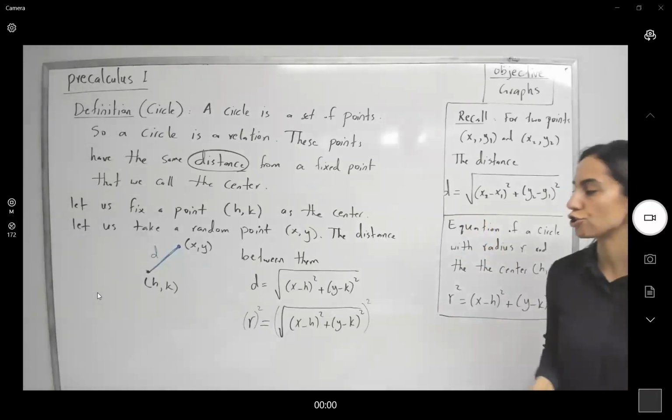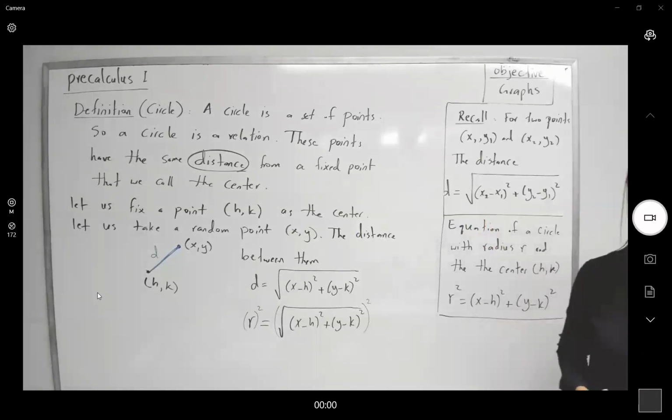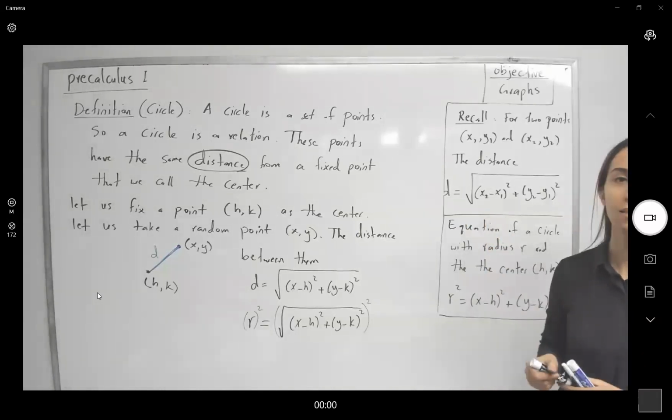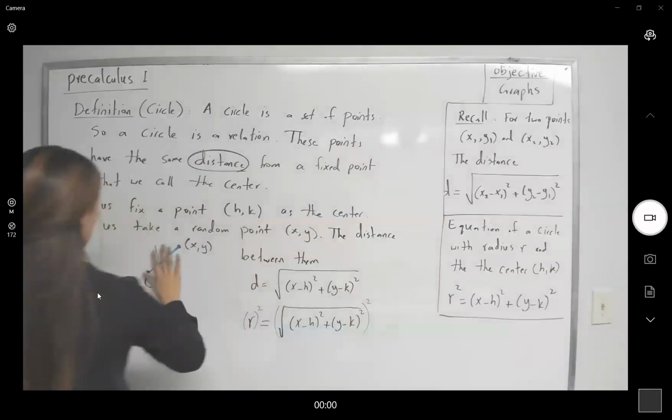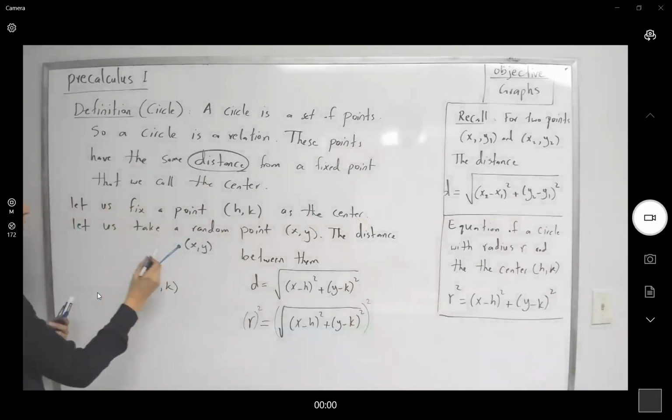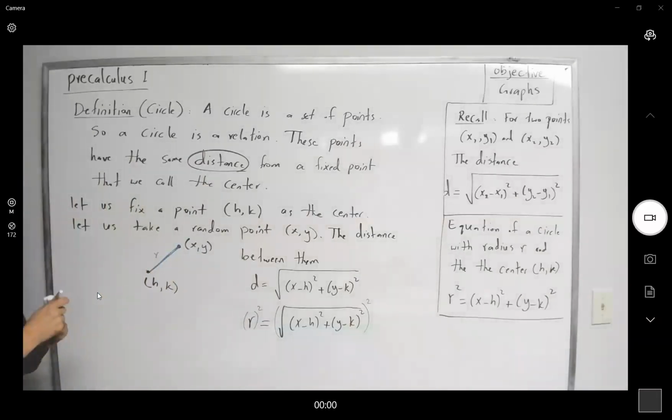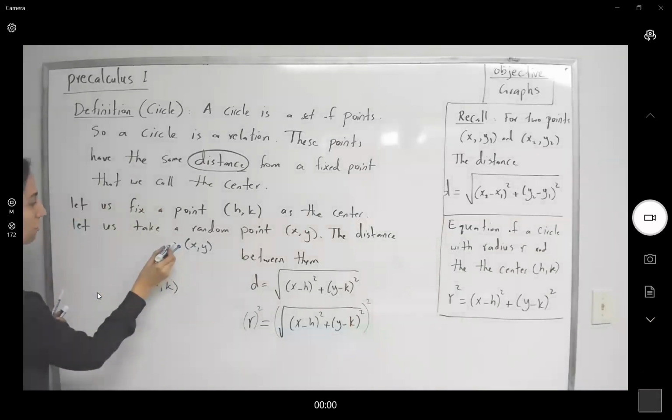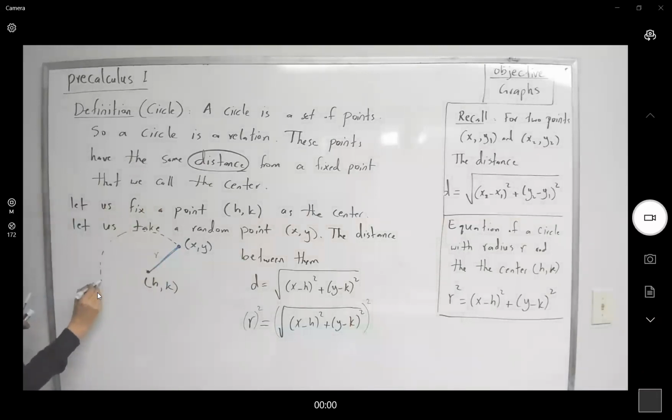The radius and distance are the same. That's how we officially define a circle using the distance formula. If you continue taking other random points, x and y, then you can connect these together and actually define your circle.